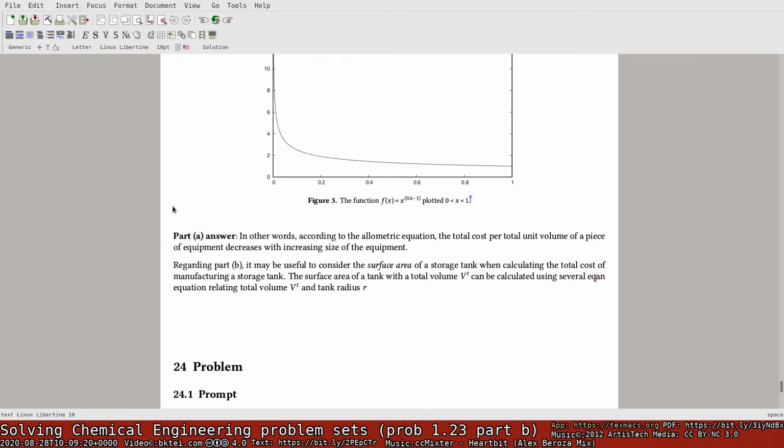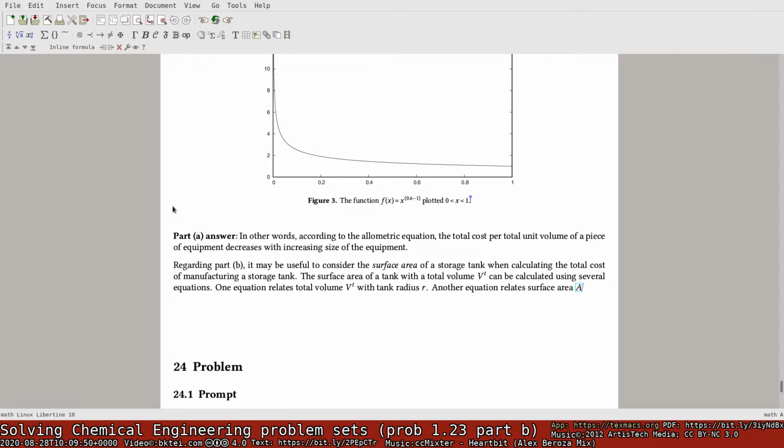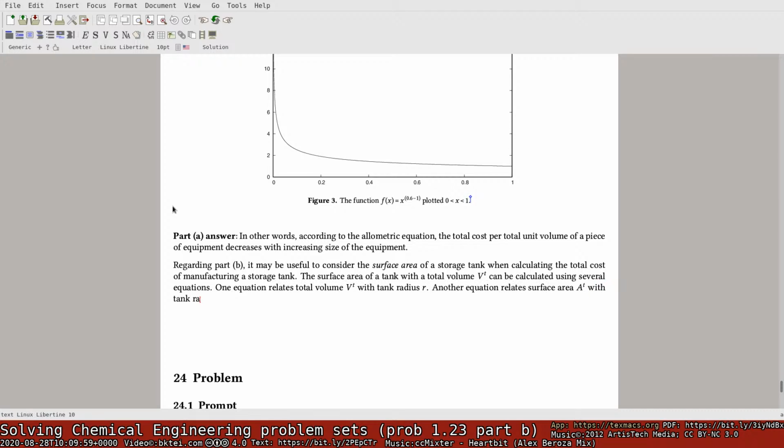One equation relates total volume VT with tank radius. Another equation relates surface area with tank radius.